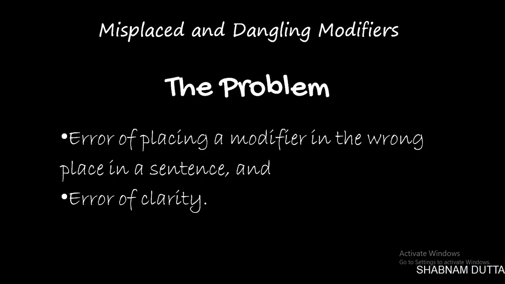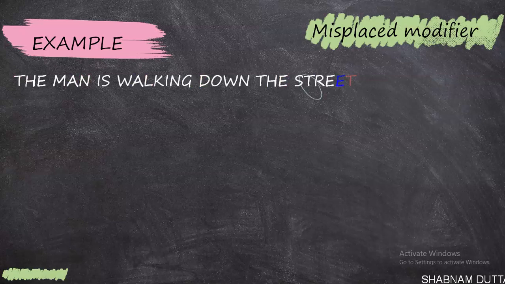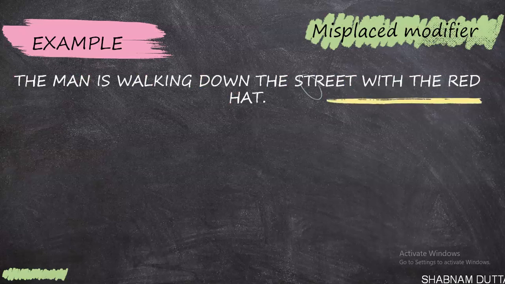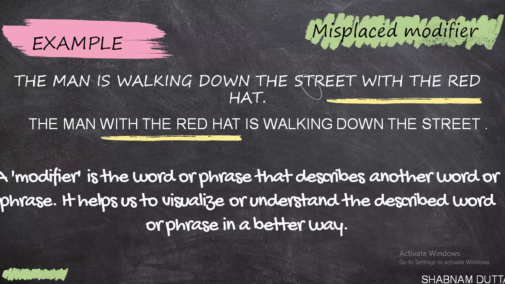This happens when a modifier is placed in a way that makes it unclear what it is modifying. Let's check if this sentence is correct. The man is walking down the street with the red hat. Aha! Is the street wearing a red hat?